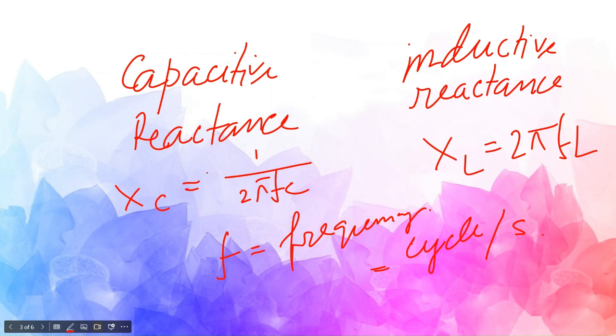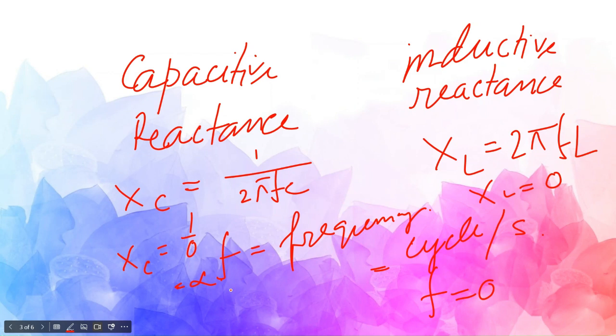Now, in case of DC, what is the value of F? F equal to 0. So what will happen to this? XL equal to 0. And what will happen to this? XC is equal to 1 by 0, so it is almost infinite.